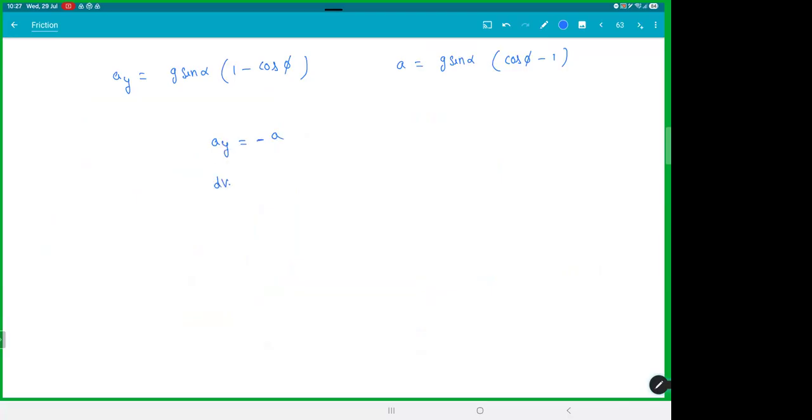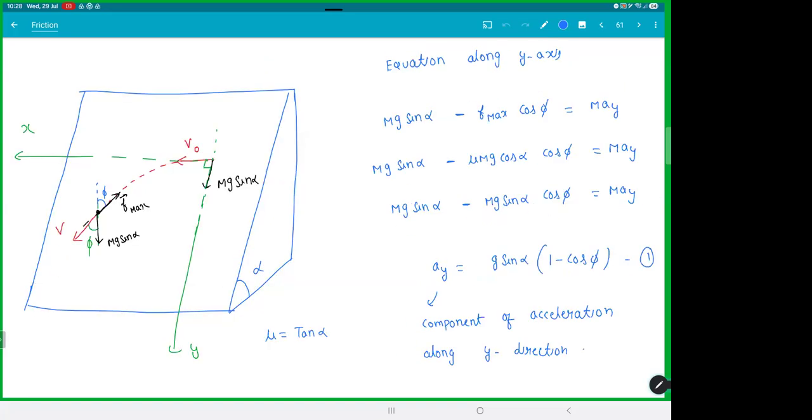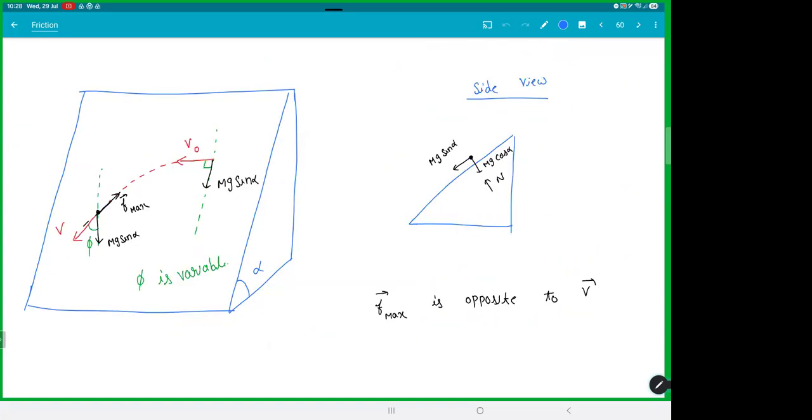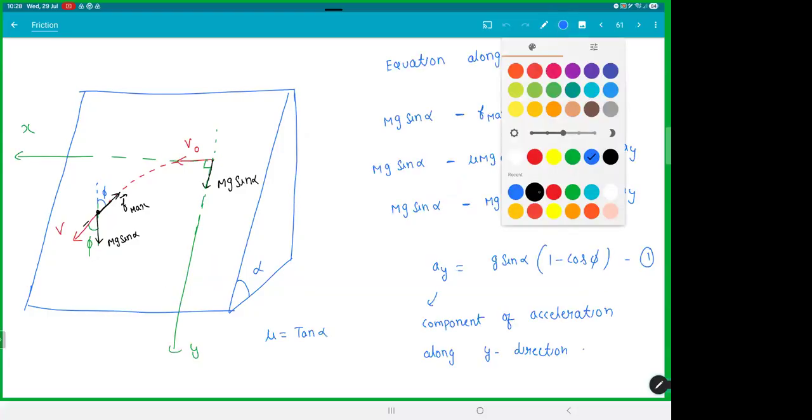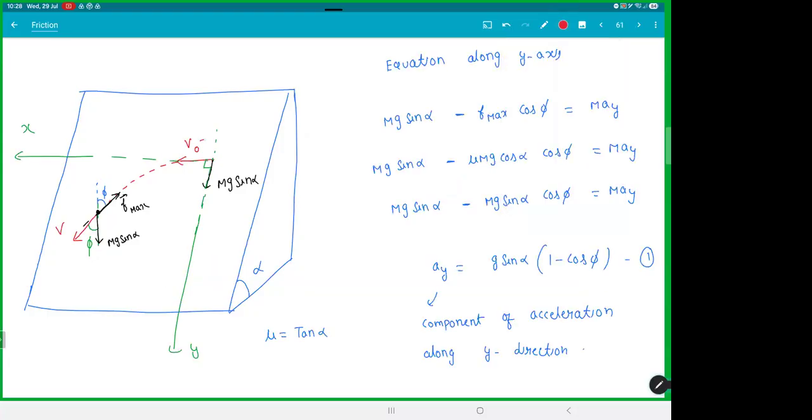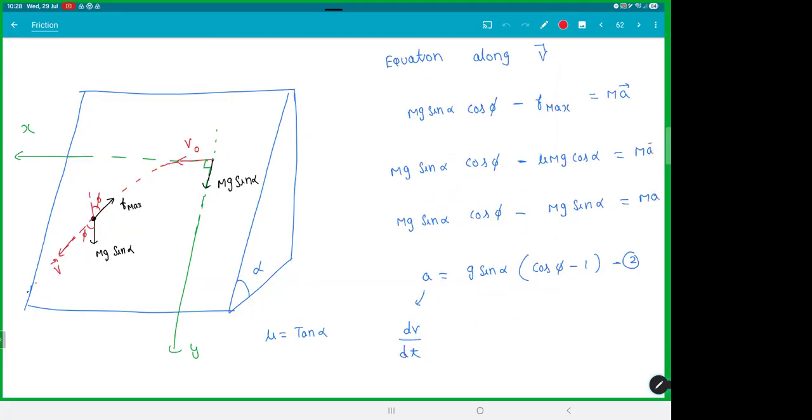Ay will give you velocity in the vertical direction, whereas a will give you net speed dv by dt. And this would be simply dvy is equal to minus dv. And when you integrate the limits, initially, what was the speed? Initially, you're projecting with v naught. Initially, what was the vertical velocity? Which was 0. So initially, this was your vx, and initially, your vy was 0.